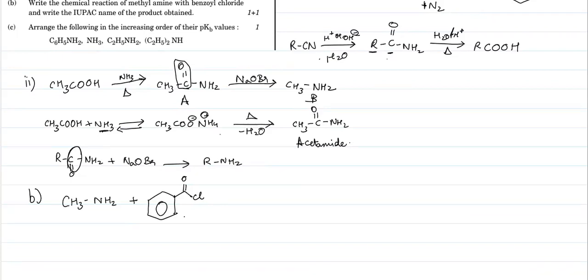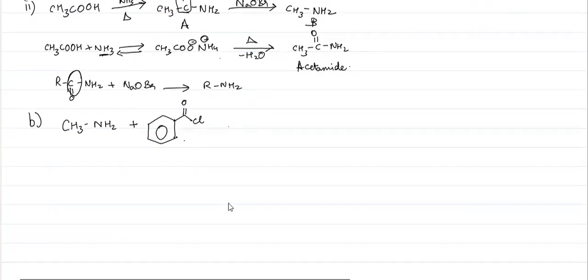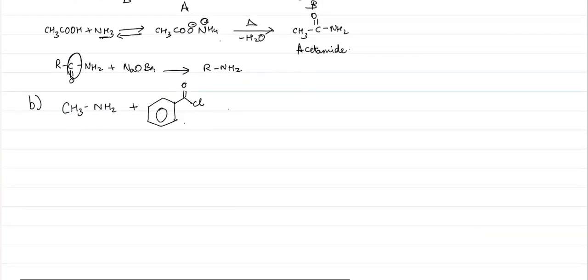Now, this is actually the acylation reaction of an amine, and I'm going to write the basic reaction down here so that it's easier for you. Let's take this methylamine, CH3NH2.